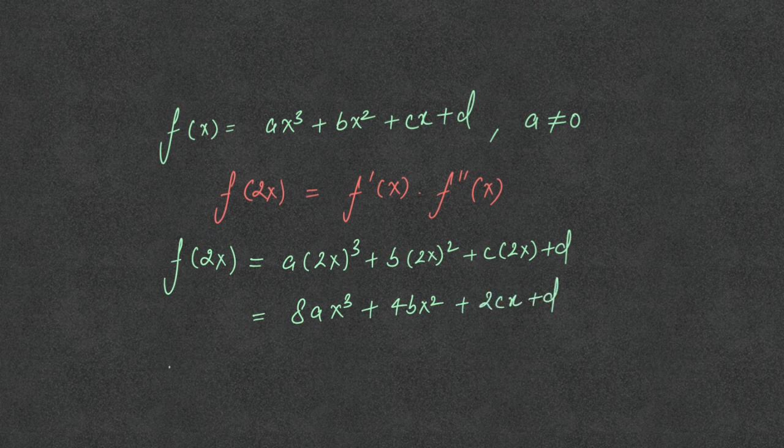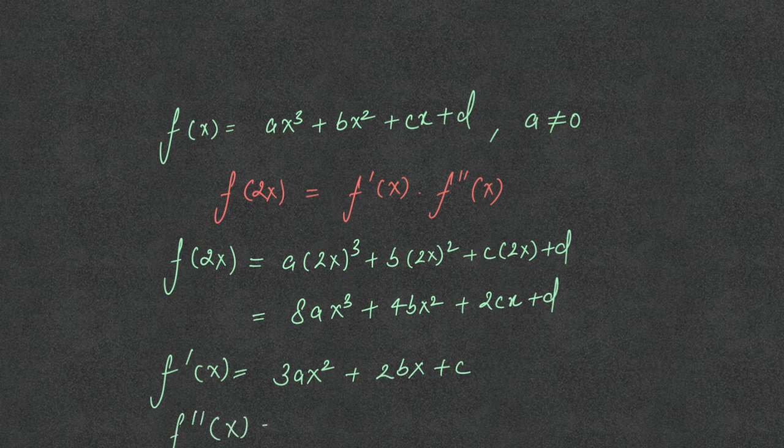And similarly, if I take the derivative, f dash x is 3a x square plus 2bx plus c, and on taking the double derivative we get 6a x plus 2b.